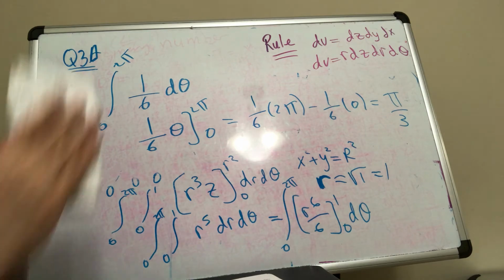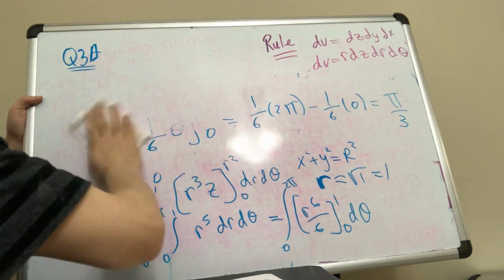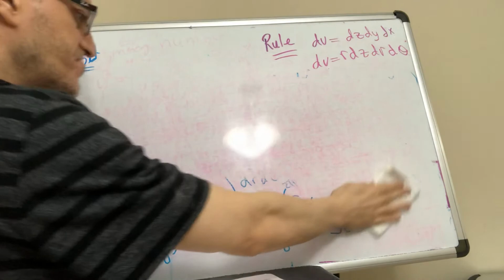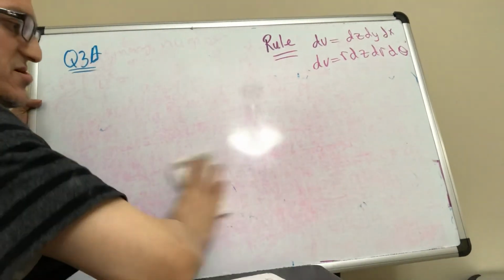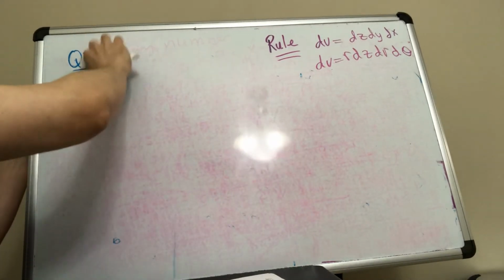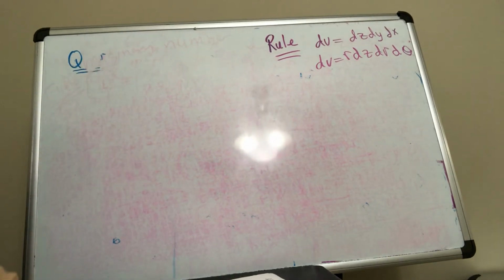I'm also going to do another example of how to switch to polar system, which is question 4a.